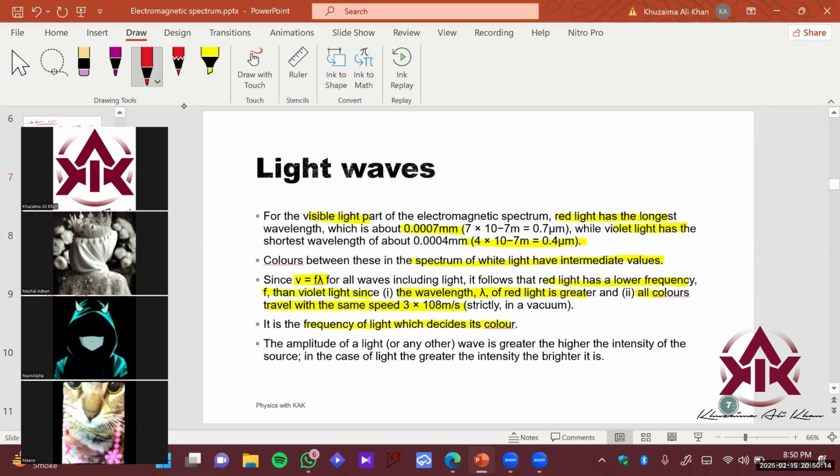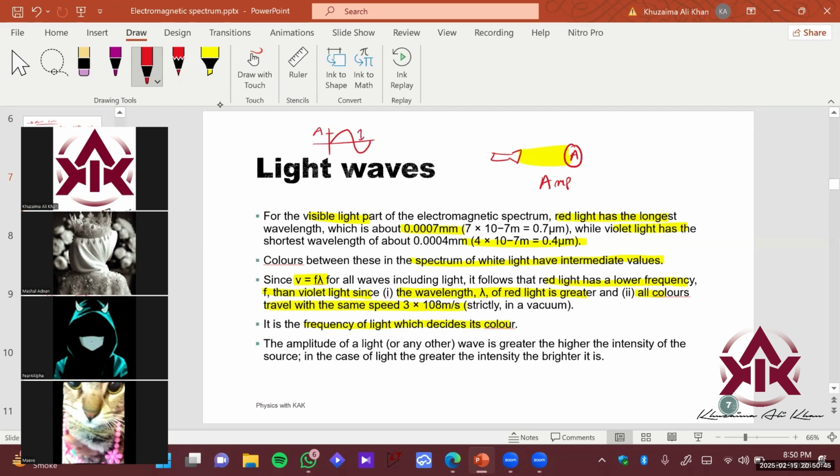Again, you have intensity. Can anyone tell me, if you have a flashlight, right? And if you have, let's say, a small light coming over here, okay? If I increase the intensity here, what is intensity? It is the amount of light that is hitting a particular area, right? So the amplitude depends upon the intensity here. What is amplitude? If you recall the sine wave, this is the amplitude here, right?